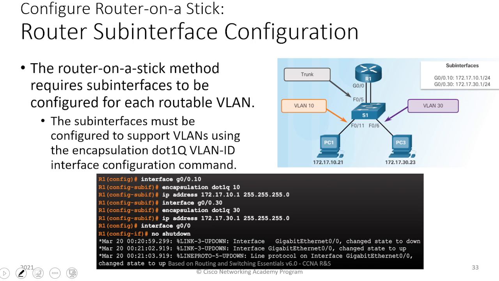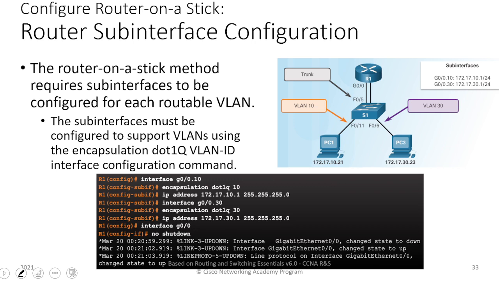And to support VLANs on these sub interfaces, we have to additionally configure what is known as .1Q encapsulation on that particular sub interface, so that we can associate a particular sub interface with a specific VLAN, because everything is coming through the trunk.